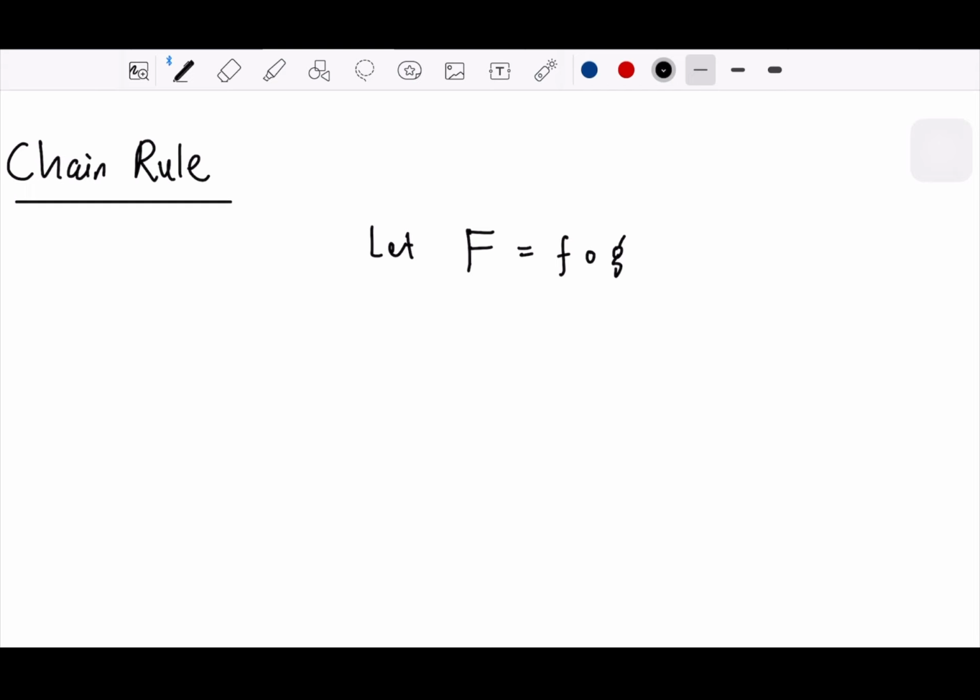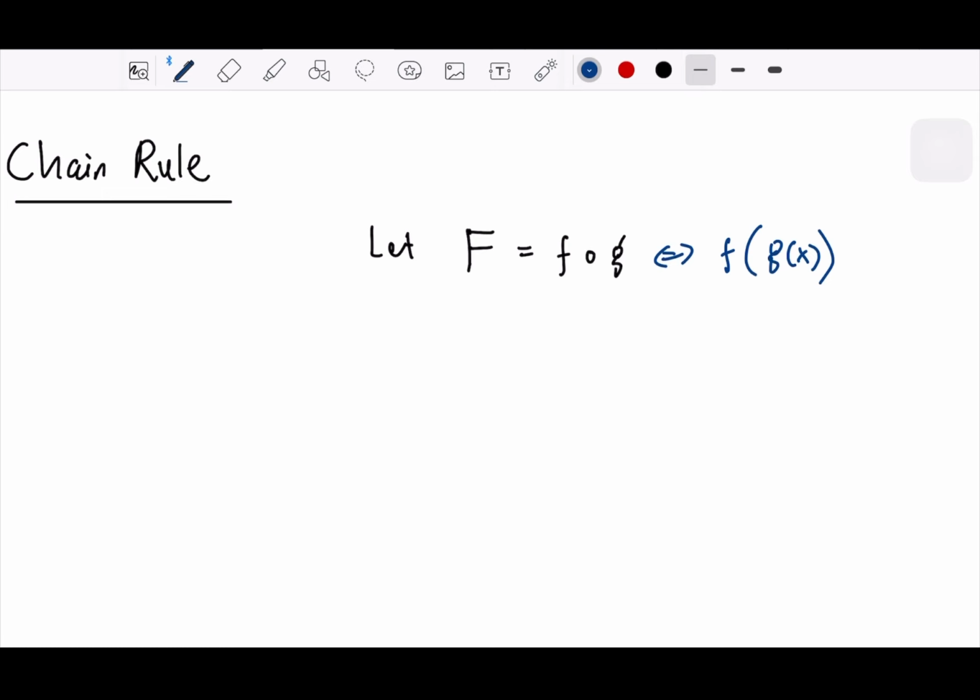So we start with the definition of this composite function. We know that this is defined as f and then g, which means that we have a function g inside a function.